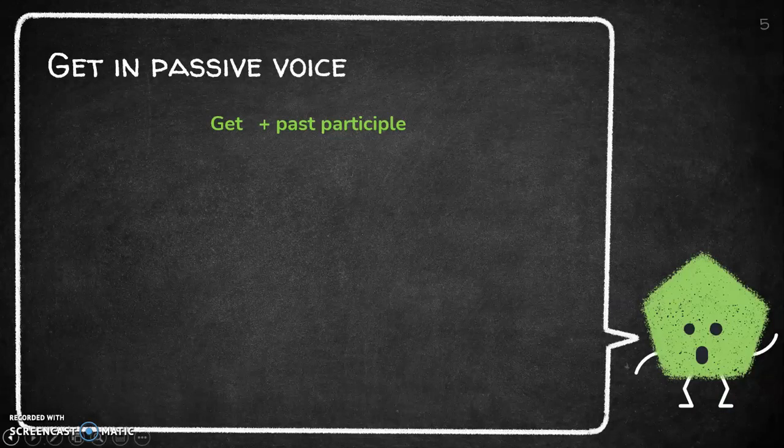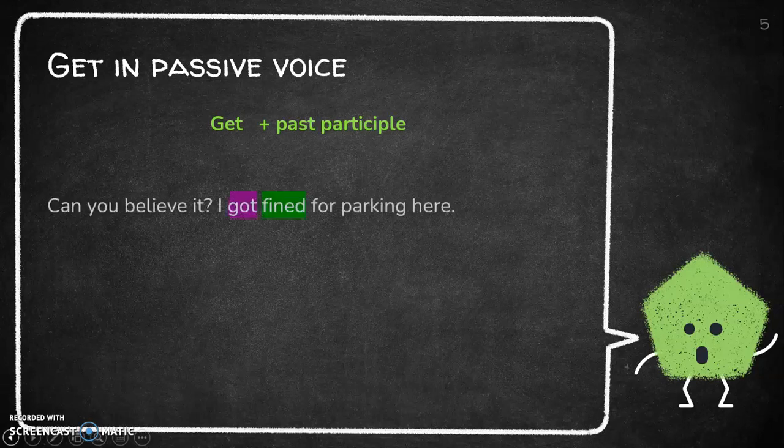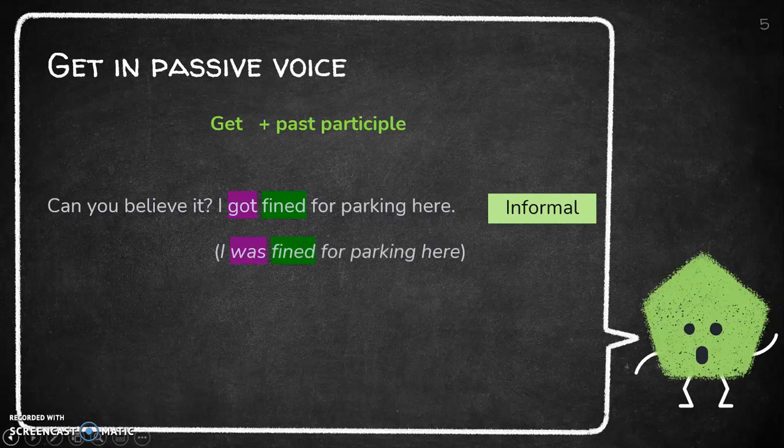Let's check how to use get in passive voice. We normally have the verb get in the same tense as we would use the verb to be. For example, can you believe it? I got fined for parking here. This sentence is informal, but also something that you need to notice is that if I wanted to use regular passive voice, I would say, I was fined for parking here.